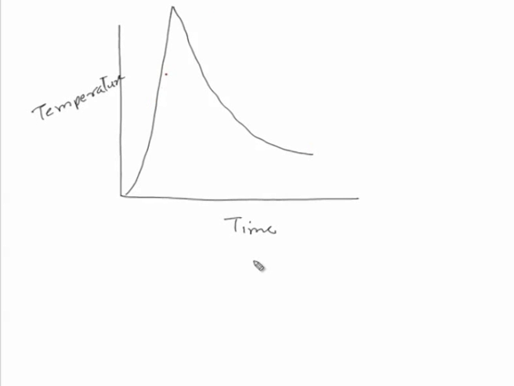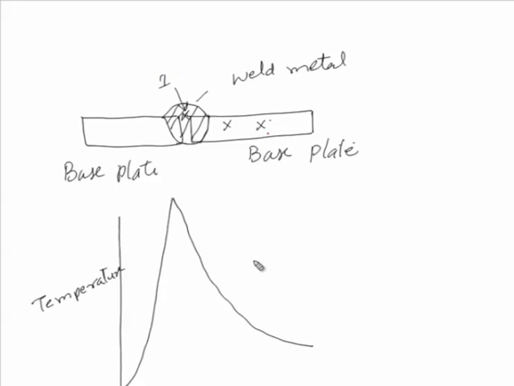If we take up the point 1 in the weld region, this is 1, this is 2 and 3. So, the weld thermal cycle corresponding to point 1 experiences a very high peak, high heating rate and high cooling rate.